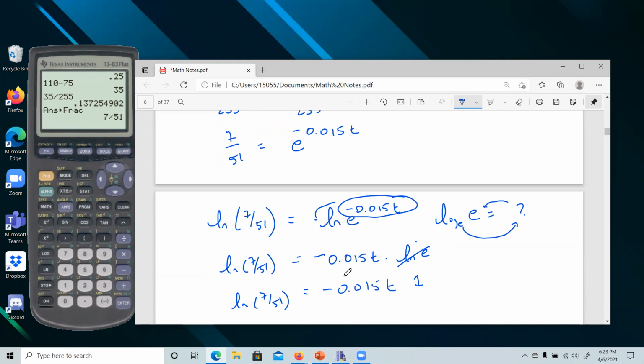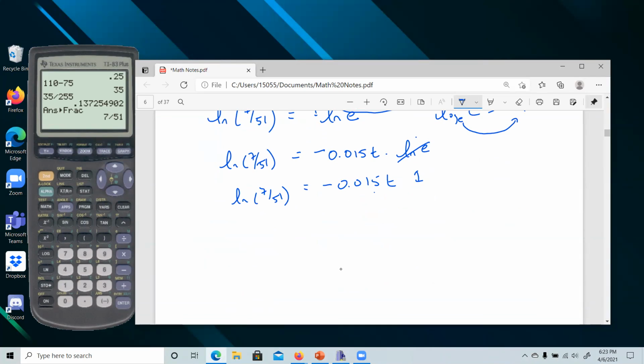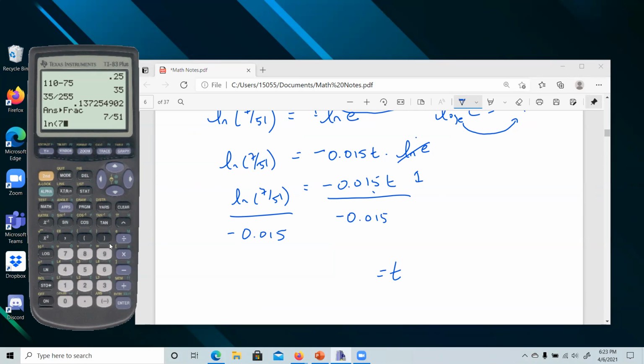All right. And then we're just going to divide by this number here, negative 0.015. So t is equal to, we're just going to type it in, natural log of 7/51 divided by negative 0.015.